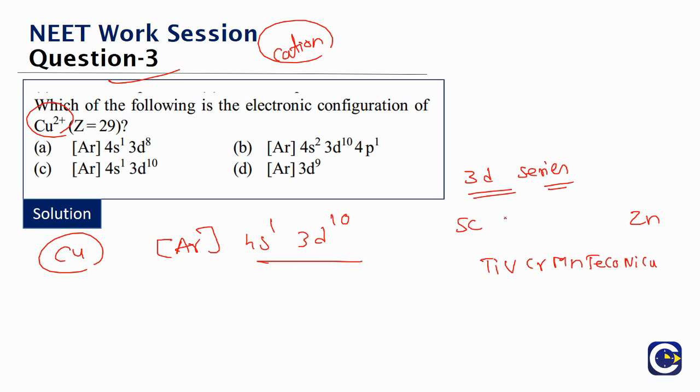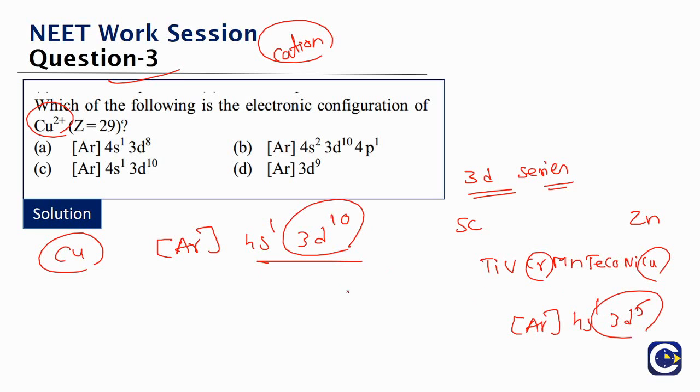All these elements we'll call the 3d series. In this, chromium and copper will have abnormal electronic arrangement. Chromium will have argon 4s1 3d5 and copper will have argon 4s1 3d10. Because of the extra stability of the half filled d structure and fully filled d structure, that is why we have abnormal arrangement.